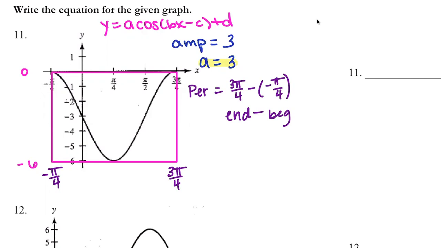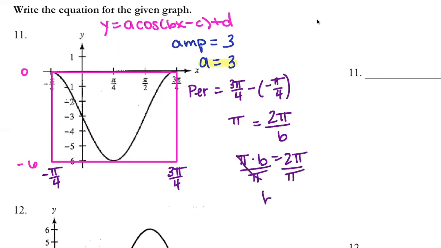If we take 3 pi/4 and subtract -pi/4, we would get 4 pi/4, or pi. Now we know that we calculate the period by taking 2 pi divided by b. So I'm going to set pi equal to 2 pi divided by b. If I cross multiply, pi times b equals 2 pi, and we divide by pi, b is going to be 2.